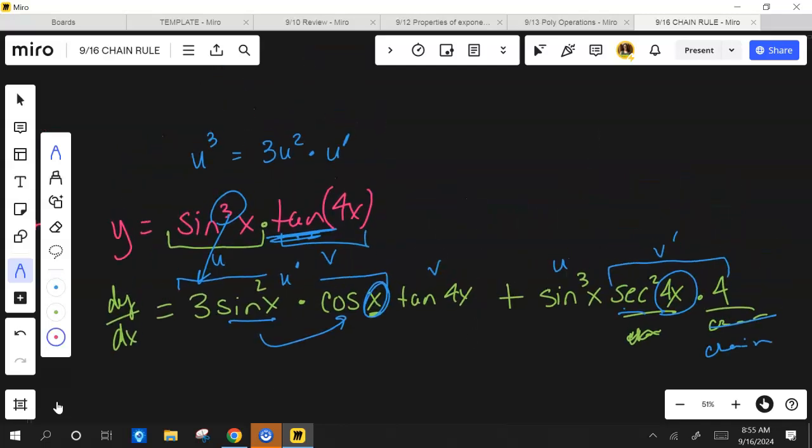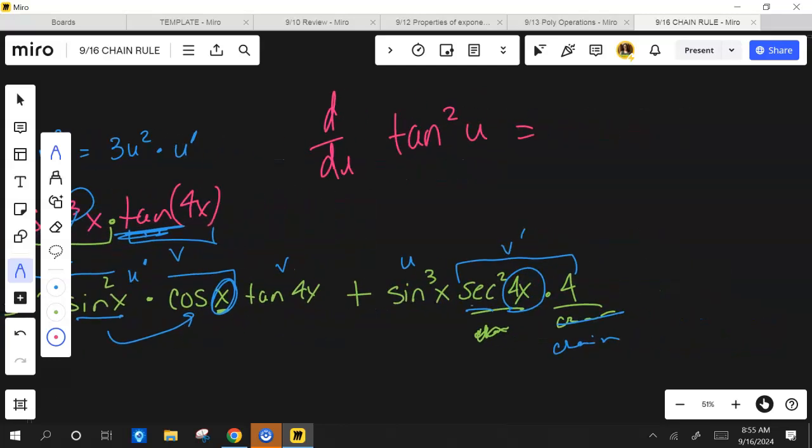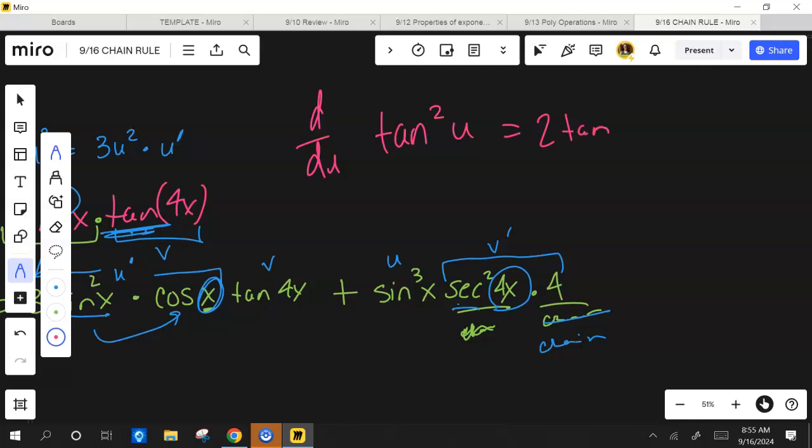See if this helps. The derivative of tangent squared u would be 2 tangent u. Then I do the derivative of tangent, which is secant squared, and then I would have to do the derivative of the u.